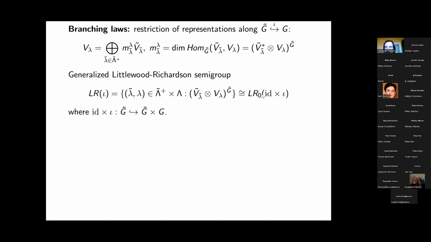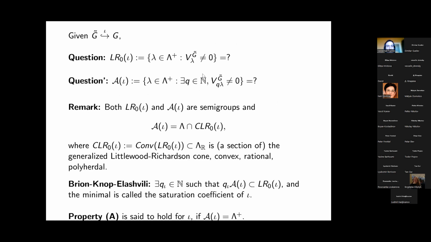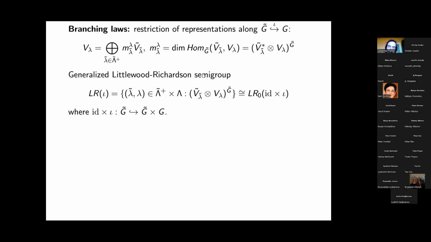So this is LR0 from this new embedding that we obtained from delta. So every generalized Littlewood-Richardson cone or semigroup is one of these LR0, but for another iota, the one obtained by multiplying iota with the identity.